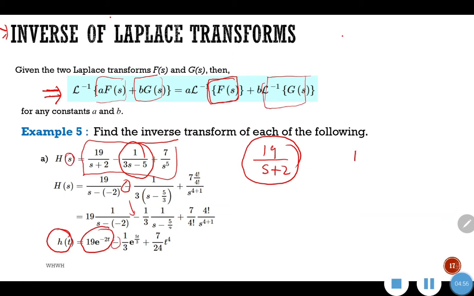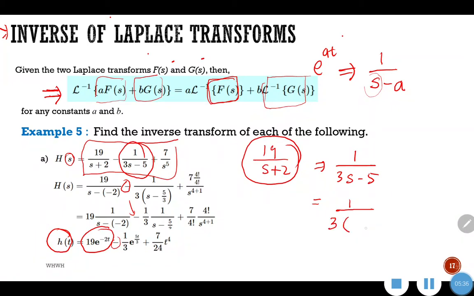So we have the second term is 1 over 3s minus 5. Okay, 1 over 3s minus 5. And again, we're still based on 1 over s minus a kan. Yang ni adalah e to the power of at dia punya time domain. Alright, so tapi kat sini dia ada s je. Yang ni kita ada 3s. Can we do something to make sure that it is only s? Yes, definitely you may. Macam mana cara dia? You just factor 3 out.